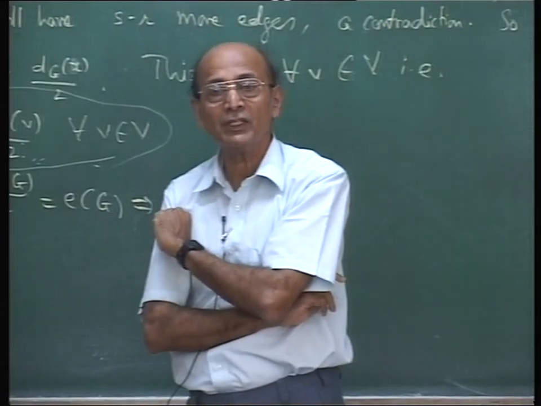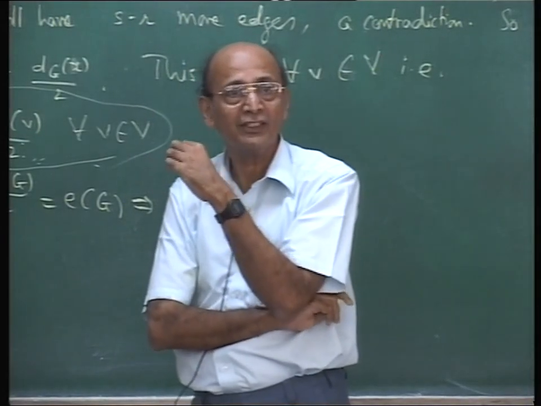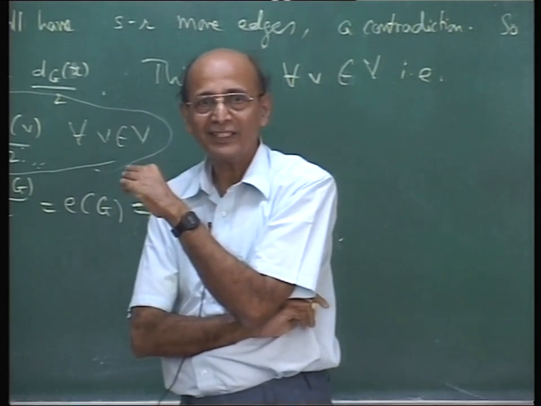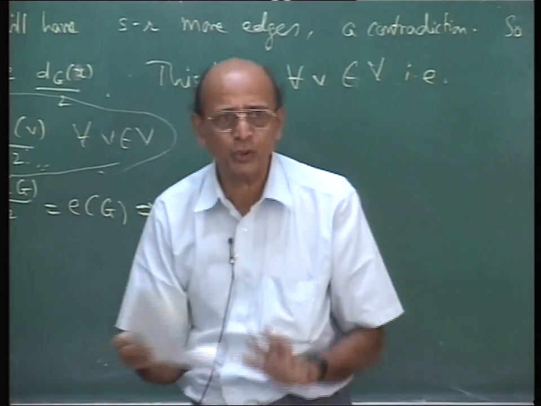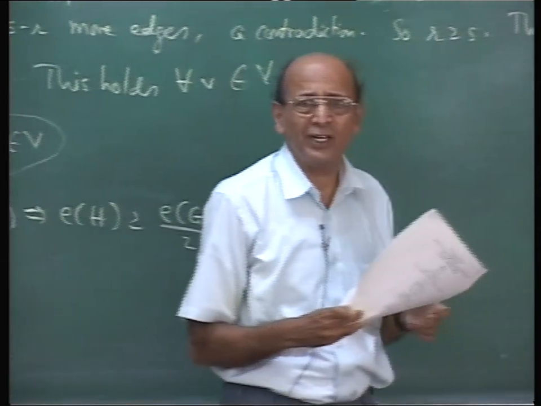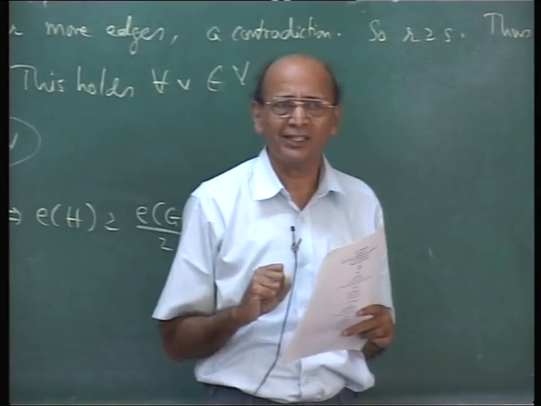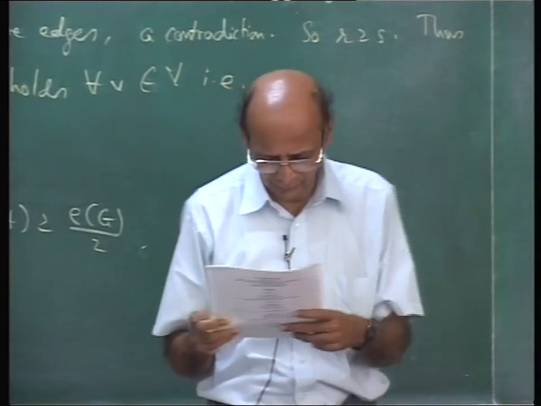The question still remains whether I could have added more edges, and the algorithm doesn't really answer that. So here is an example to show that this algorithm may not really produce the best possible bipartite graph.